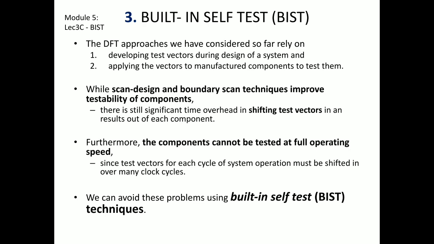There is still significant time overhead, because in the scan chain technique the test vectors need to be shifted from register to register. It was time consuming. There is still significant time overhead in shifting test vectors in and results out of each component.